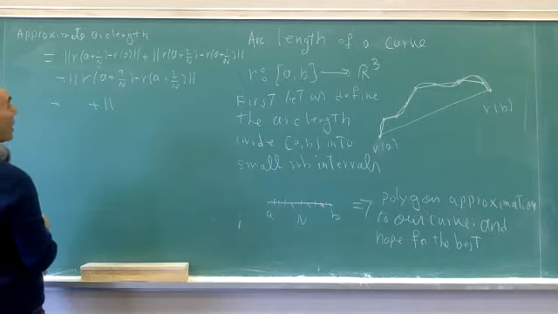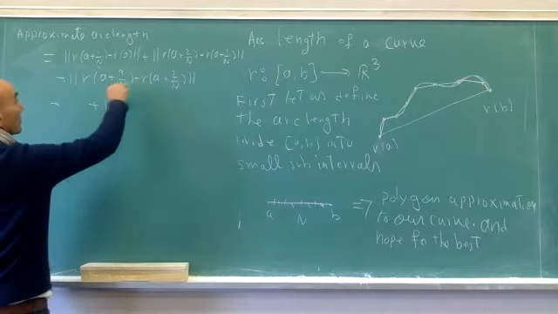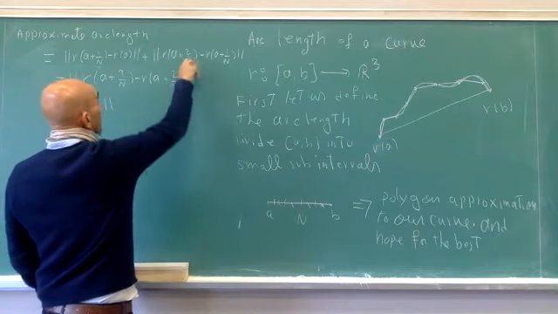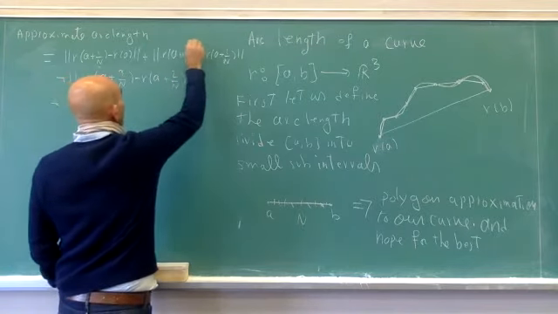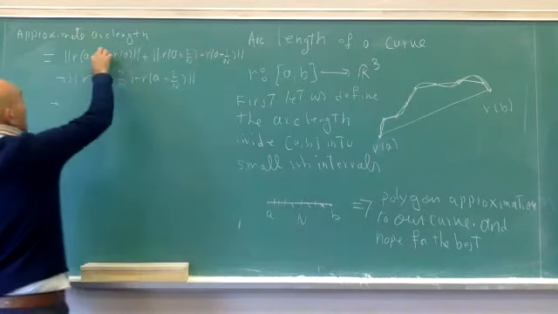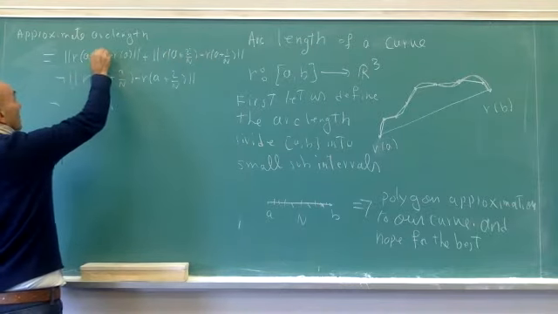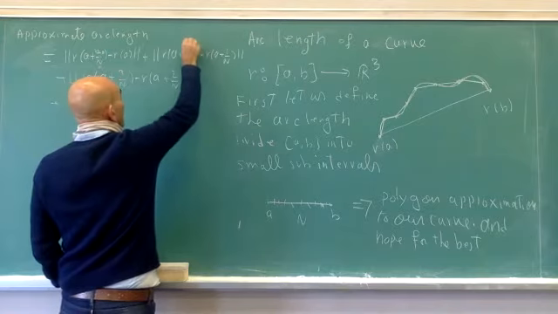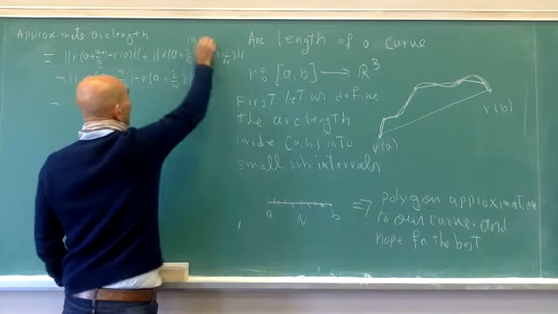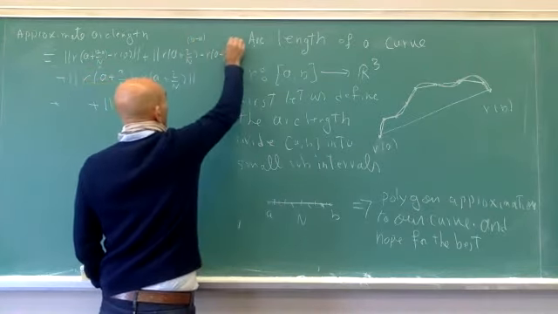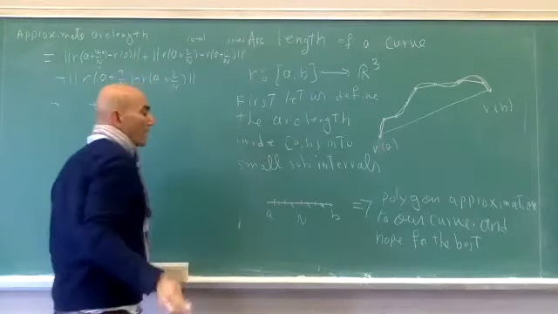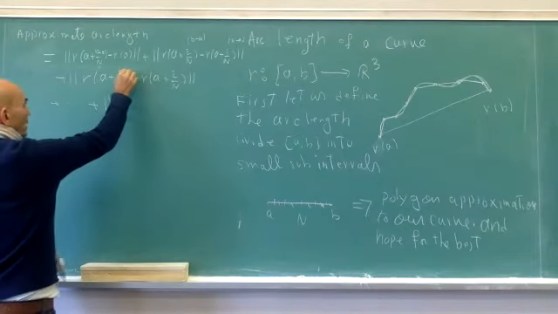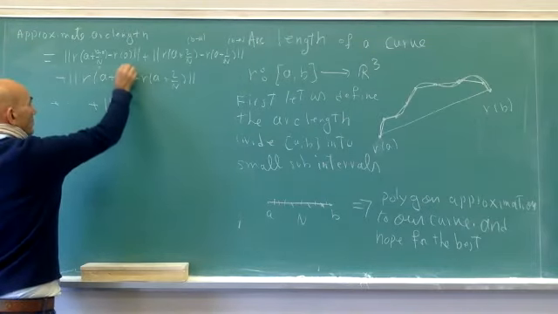Okay, so I already made a mistake here. I should have put b minus a over n, sorry. And then here 2 times b minus a over n, here b minus a over n. I assumed that b minus a is 1, but it need not be, so we just add this extra factor of b minus a.